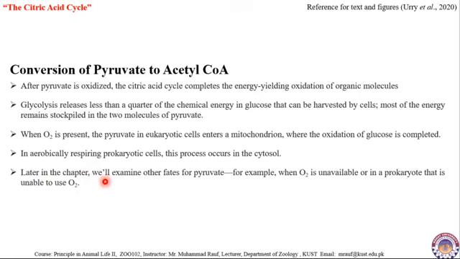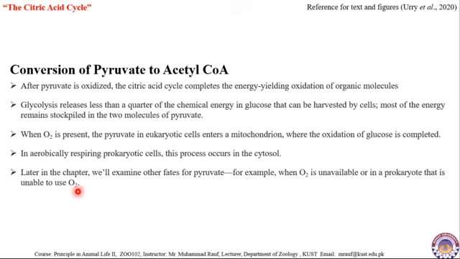Later in this chapter we will examine other fates for pyruvate. Other fates means when oxygen is not available, then what will happen to pyruvate? For example, when oxygen is unavailable, or in a prokaryote that is unable to use oxygen.